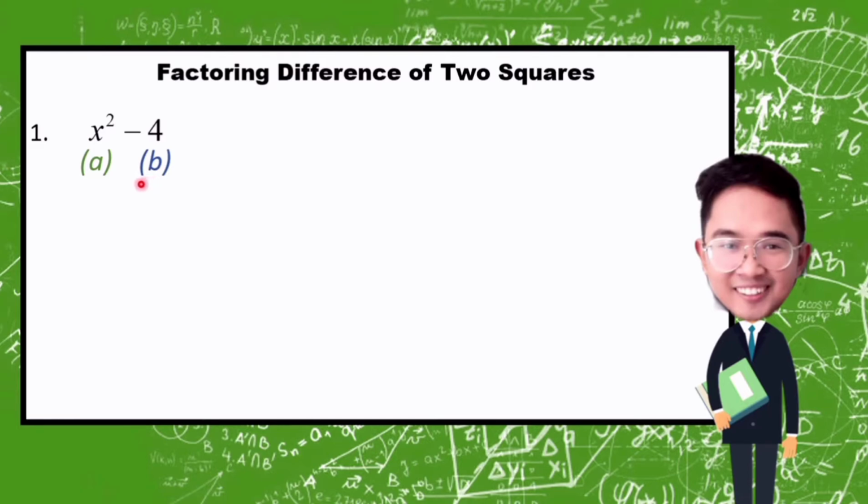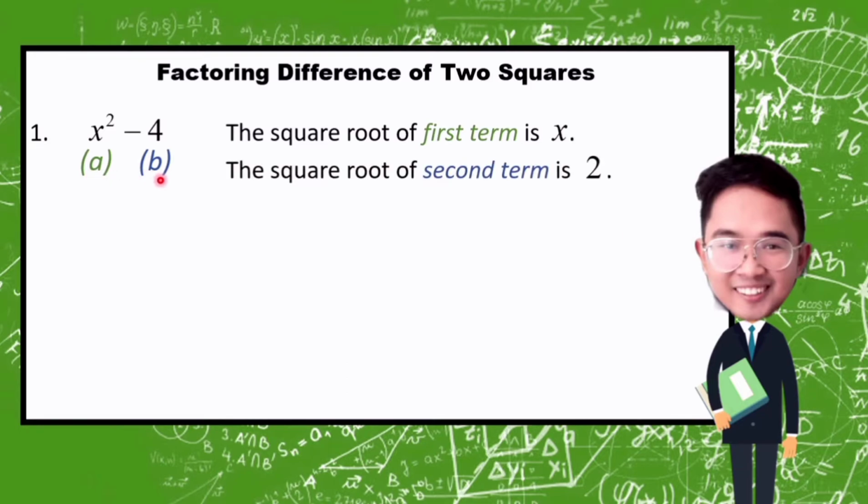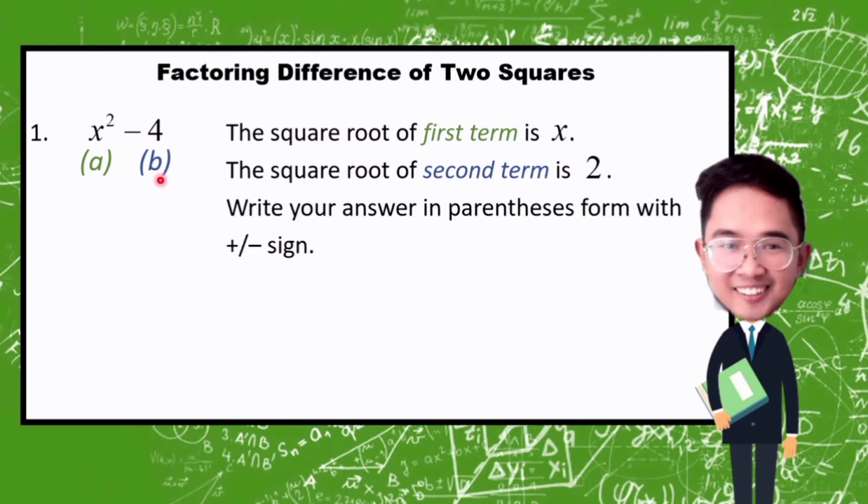What is the square root of x squared? The square root of the first term is x. How about the square root of 4? The square root of 4 is 2. Let's now write our answer in parenthesis form with a positive and negative sign. So we are going to use this pattern.